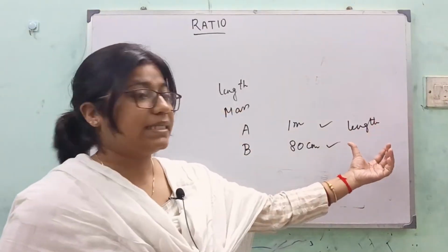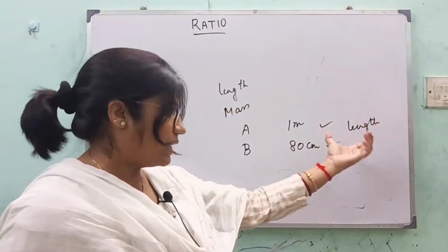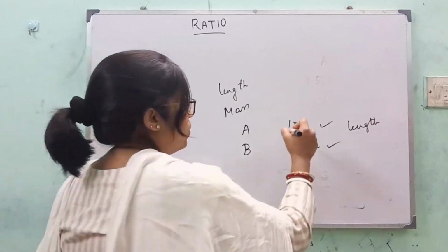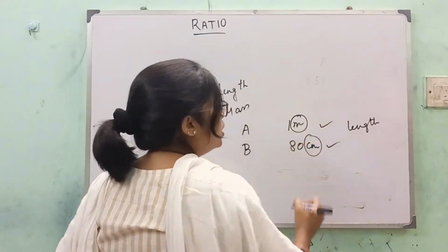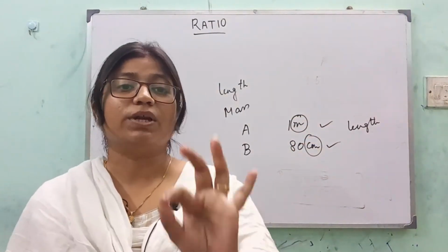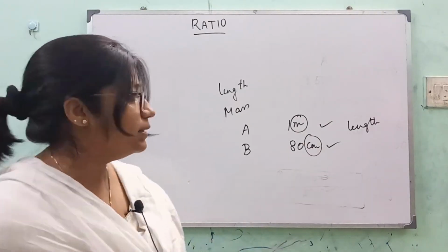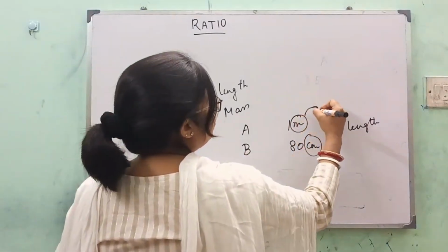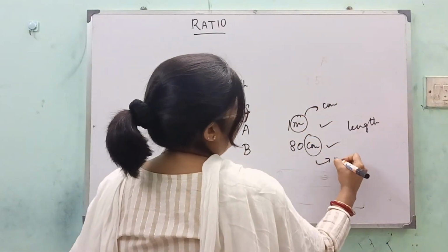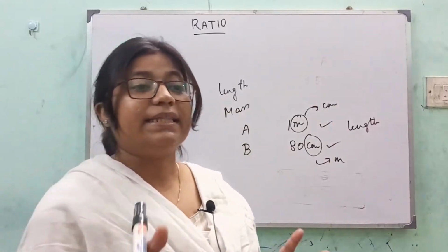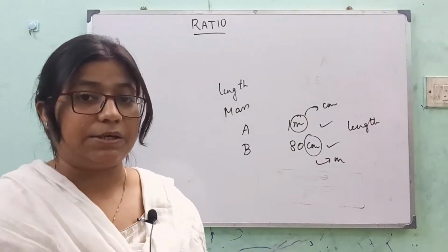They belong to the same kind, but there is a difference in the units. So we have to make sure the two are converted to the same units. Only then can the comparison by ratio be done. You can either convert this to centimeter or this to meter. Usually we convert the bigger unit to a smaller unit. In that case, the comparison becomes easier.